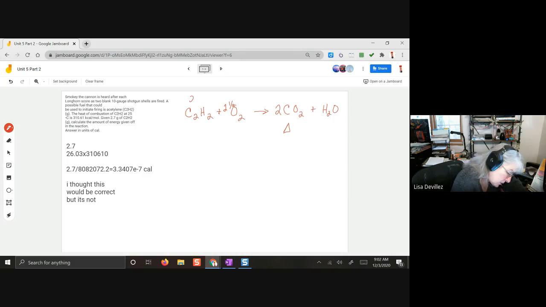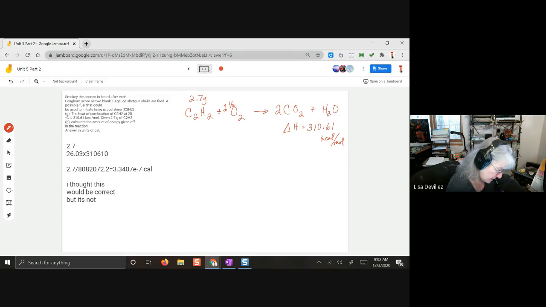So I have 2.7 grams, and the delta H is 310.61 kilocalories per mole. So that delta H that they're giving us, because it's a heat of combustion, goes with this equation balanced that way.